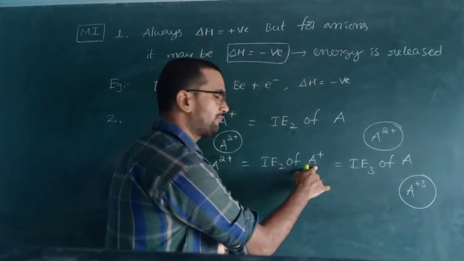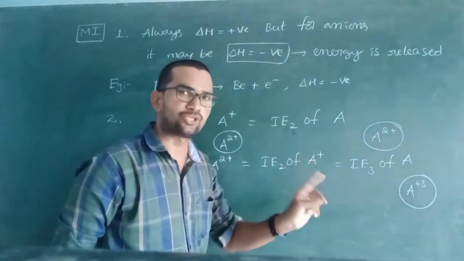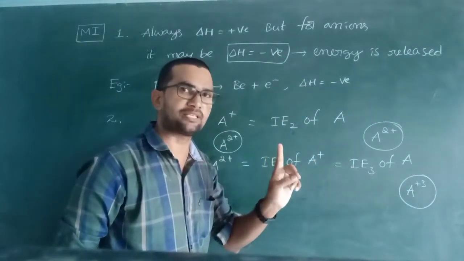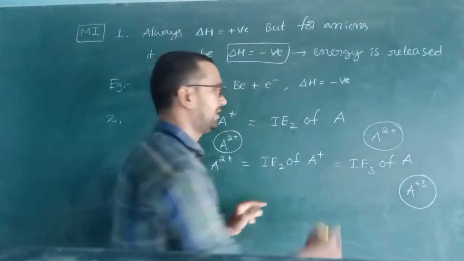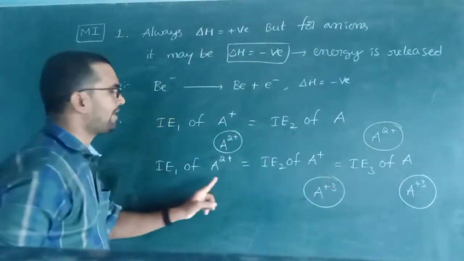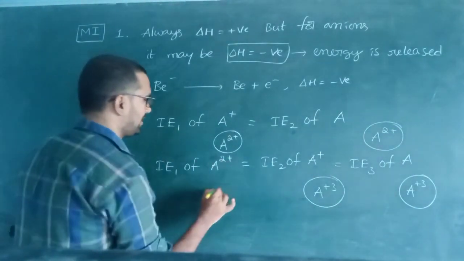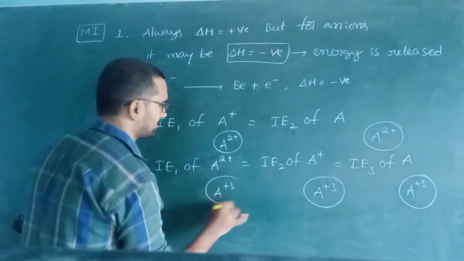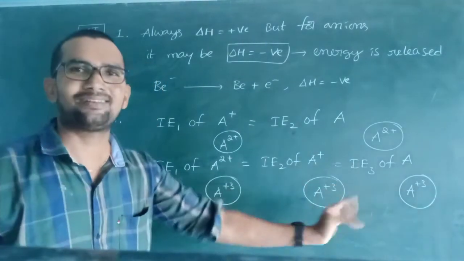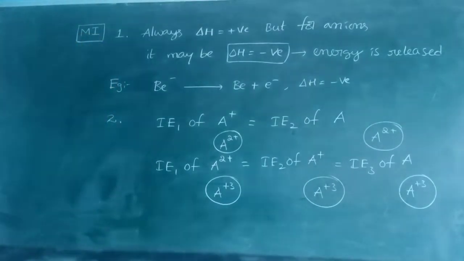IE2 of A plus removes the second electron: A plus loses one electron to give A2 plus, then one more to give A3 plus. IE1 of A2 plus also removes one electron to give A3 plus. The same electrons are removed, that's why these values are the same.